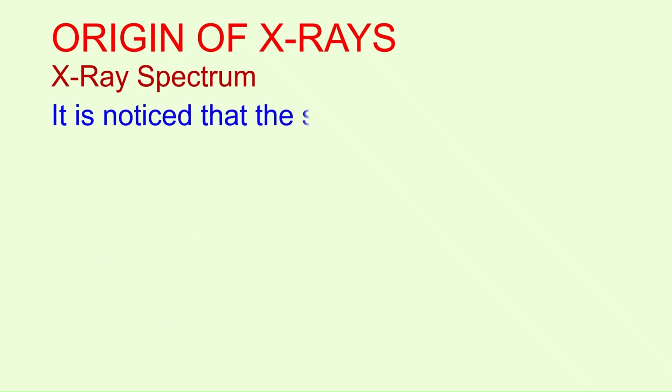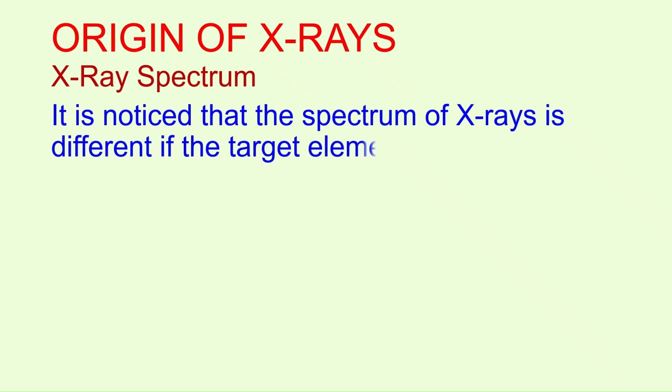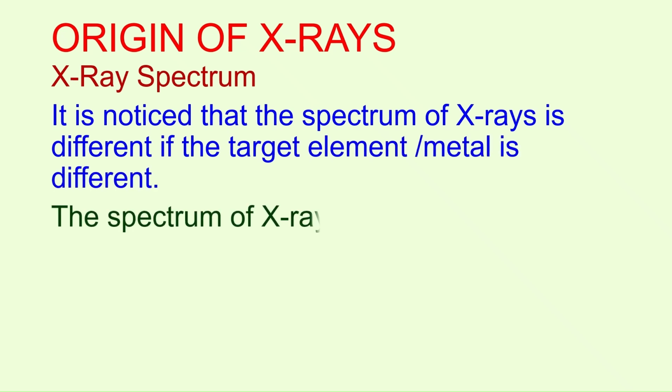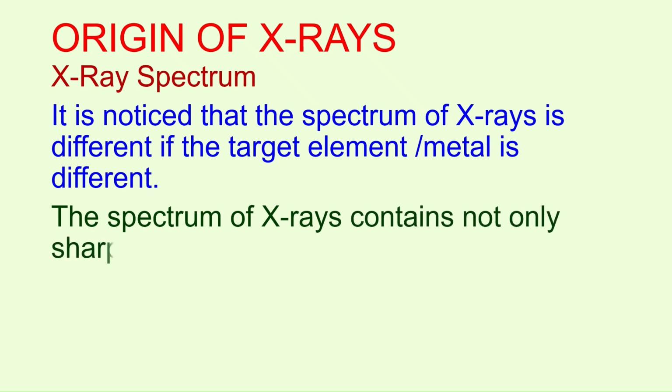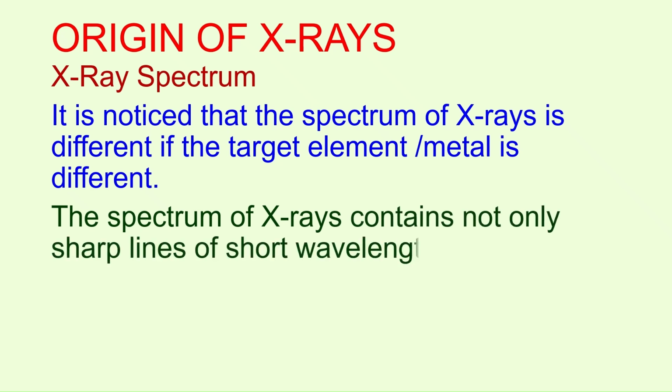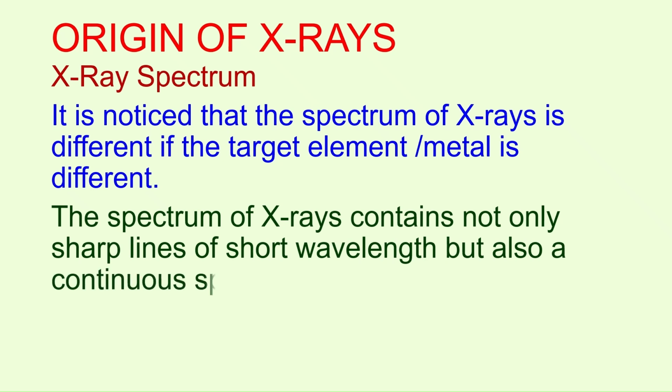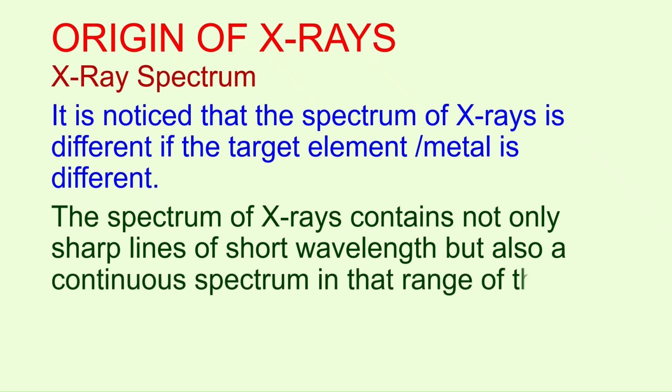It is noticed that the spectrum of X-rays is different if the target element or metal is different. The spectrum of X-rays contains not only sharp lines of short wavelength, but also a continuous spectrum in that range of the wavelength.